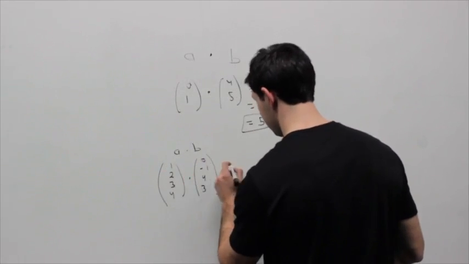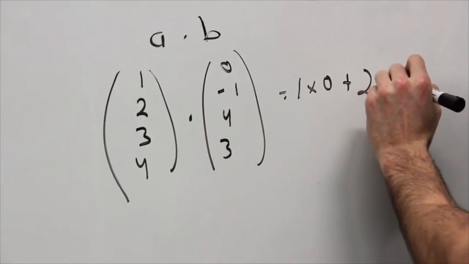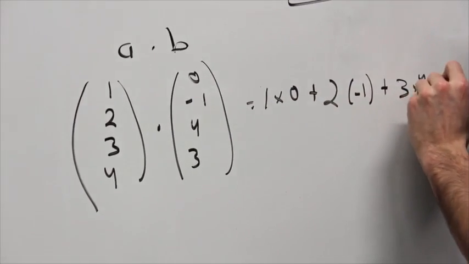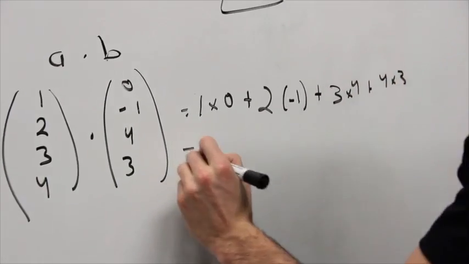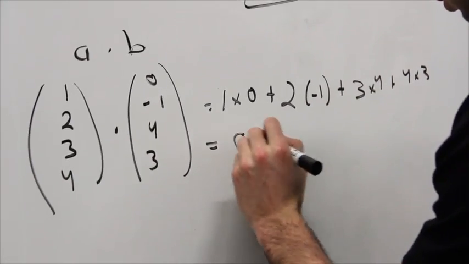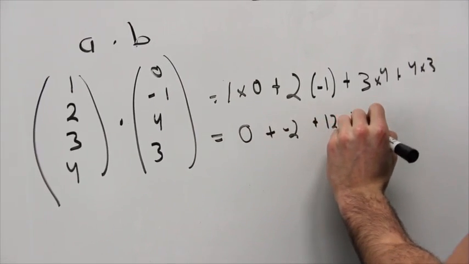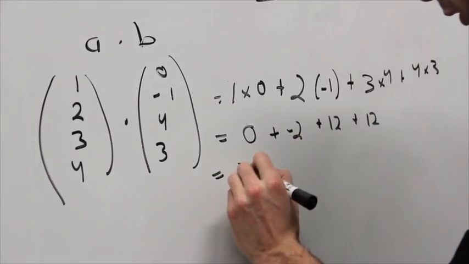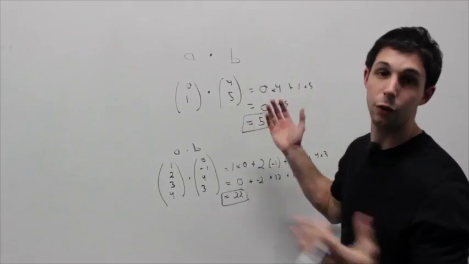We have 1 times 0 plus 2 times -1 plus 3 times 4 plus 4 times 3. So that just equals 0 plus -2 plus 12 plus 12, which is just 24 minus 2, which is 22. So in this case, we can take the dot product of vectors at whatever scale that we want.